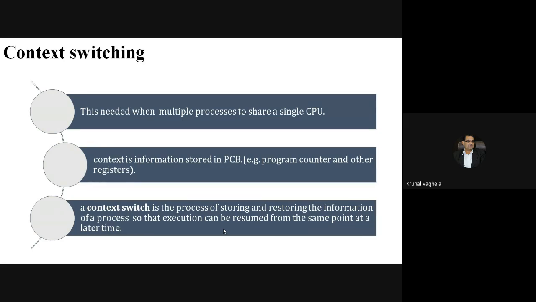Now, when P1's time is over, all the information needs to be stored before it exits, because when it comes again, the CPU needs to know what the priority of the process was, what the scheduling information of the process was, what was the last instruction executed for this process, many things.